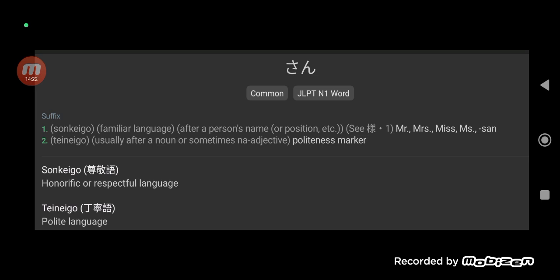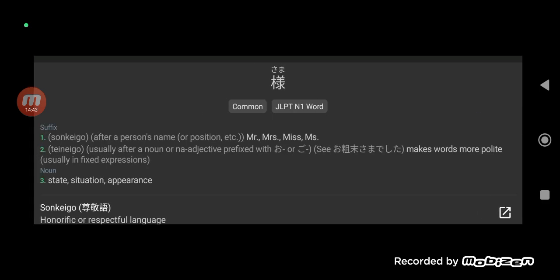Let's say Yamada-san, or let's say Jordan-san, or let's say Tanaka-san. So you just have to suffix the san, and it's a sonkeigo, respectful way, and a teineigo, polite way. Okay.